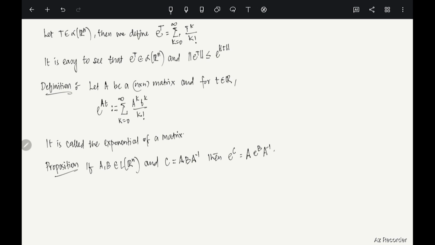Let's quickly do this. How do we prove something like this? Let's look at the proof. Yes, these propositions are very, very important. We are going to use them a lot.